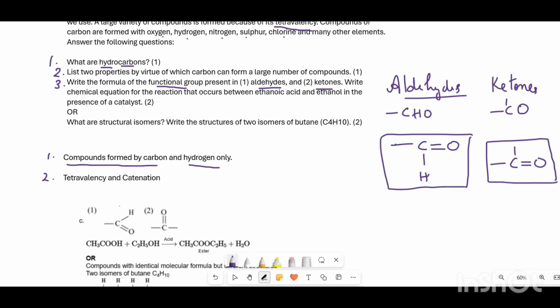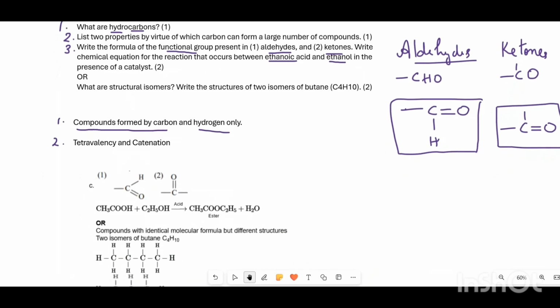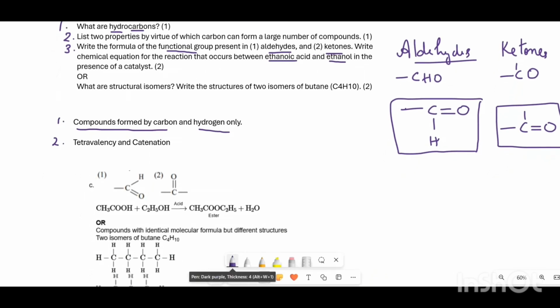Now, there is one more question. Write the chemical equation for the reaction between ethanoic acid and ethanol in the presence of a catalyst. Ethanoic acid and ethanol, actually, this is the ester formation test. Ester formation, okay. So ethanoic acid formula is CH3COOH. Then ethanol is C2H5OH.